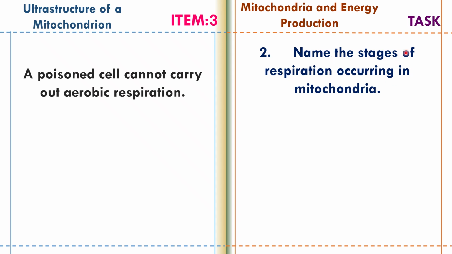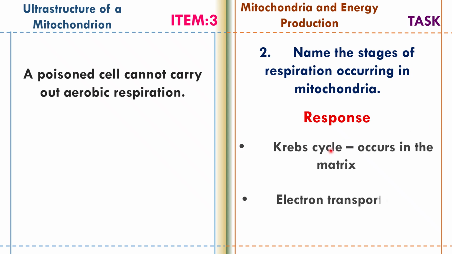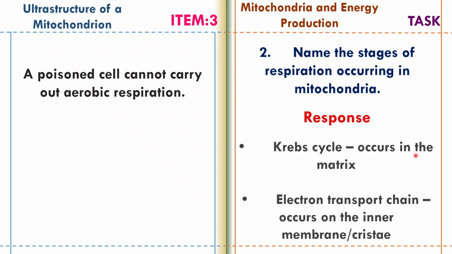Name the stages of respiration occurring in mitochondria. The Krebs cycle occurs in the matrix. The electron transport chain occurs on the inner membrane, or the cristae.